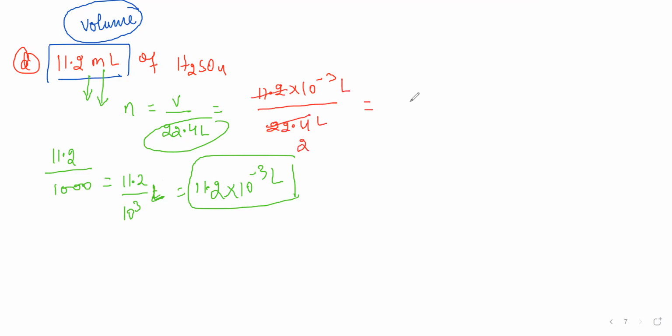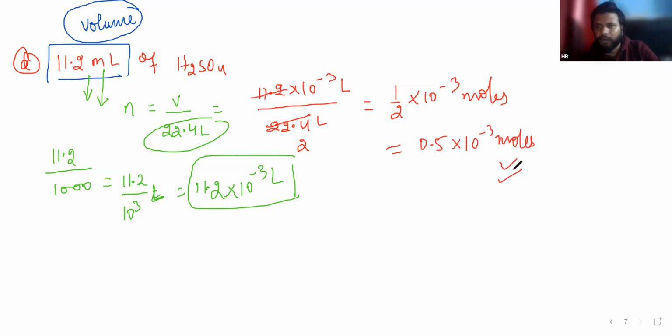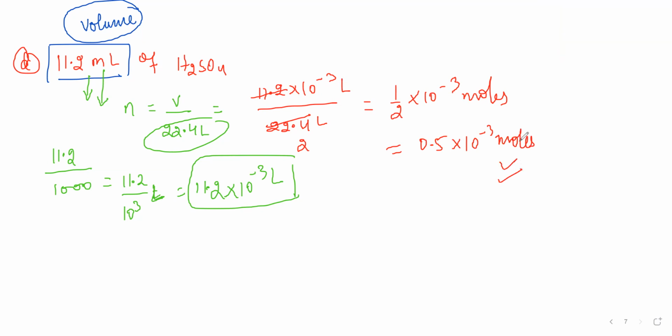So half into 10 raised to the power minus 3 moles, or 0.5 into 10 raised to the power minus 3 moles. Got it, Akash?